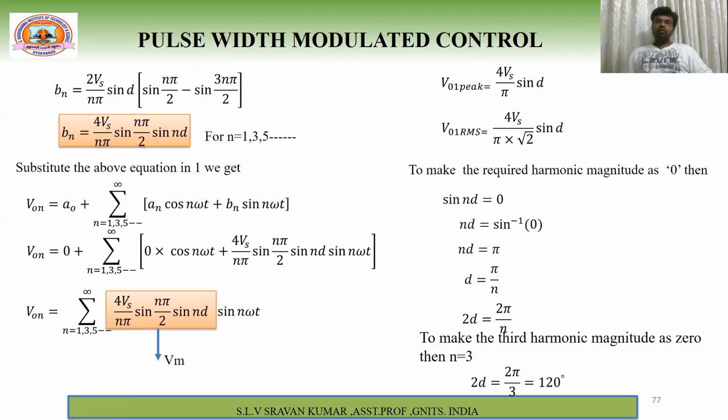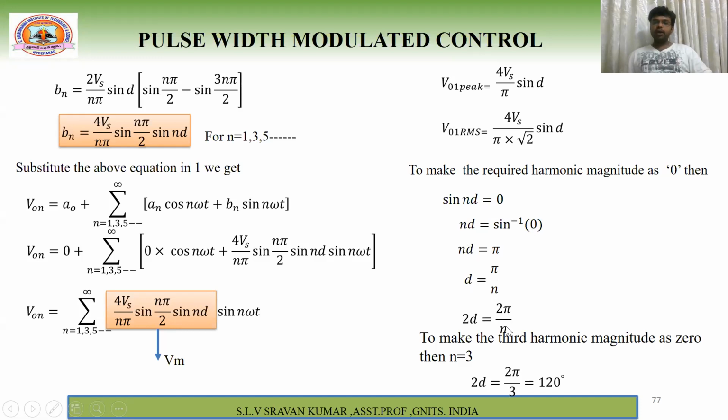Whatever harmonic component you want, make it 0, then you can fulfill that here. So let us make the required harmonic magnitude 0. Then this sine nd is equal to 0. Therefore, nd is equal to sine inverse of 0, which means pi. Therefore, d is equal to pi by n.